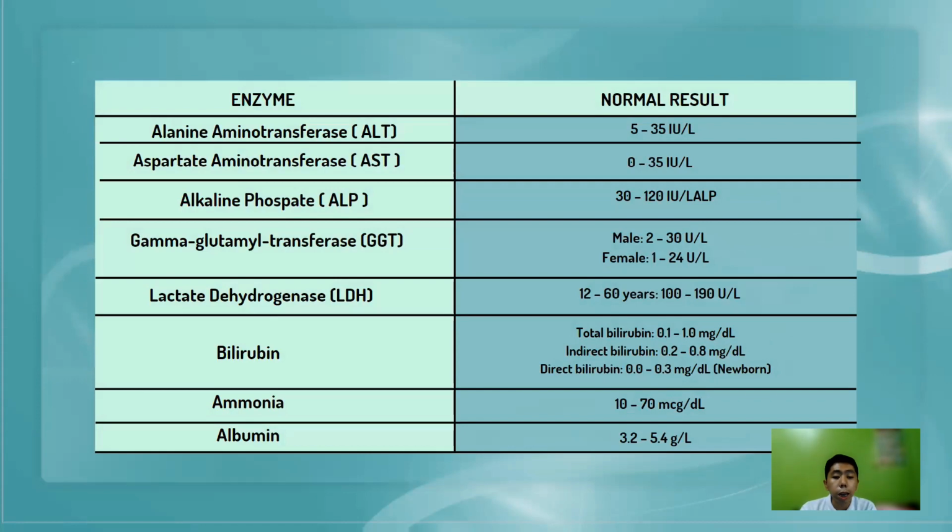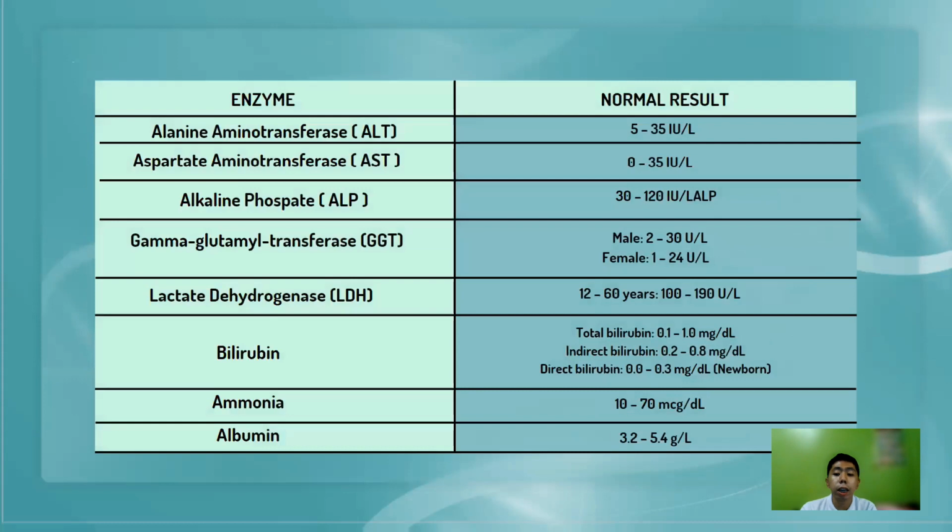And next, bilirubin. The total bilirubin is 0.1 to 1 milligram per deciliter. The indirect bilirubin is 0.2 to 0.8 milligram per deciliter.